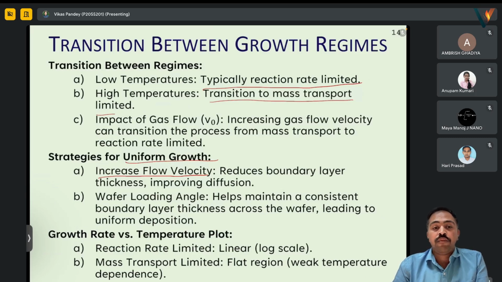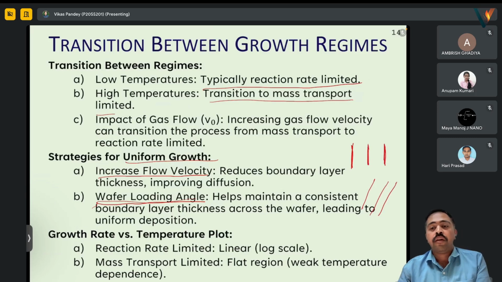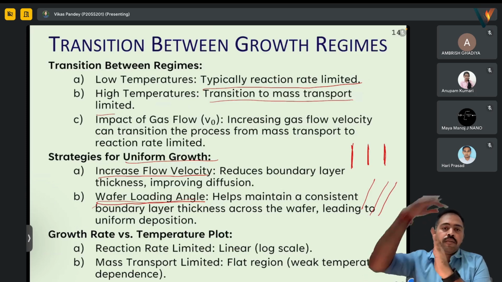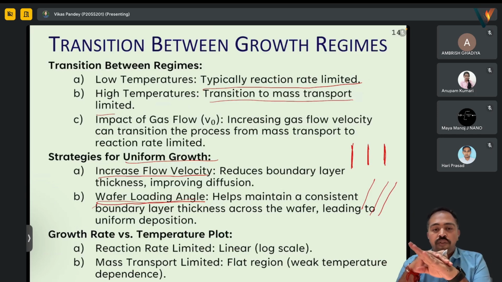The second one, and this is one very important thing that people play with or tune, is the wafer loading angle. Wherever I showed, I didn't show that wafers are kept like this. I generally showed that they are being kept like this. The angle that we are keeping, like if it is vertical, the reactants might not get absorbed over it.